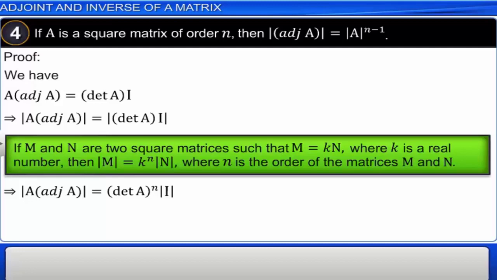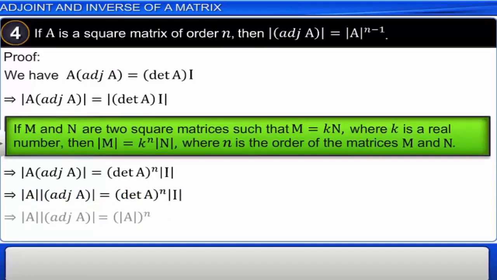Also, the determinant of the product of matrices is equal to the product of their respective determinants. So we further have determinant of A into determinant of adjoint of A is equal to determinant of A raised to the power n into determinant of the identity matrix. Now, the determinant of the identity matrix is equal to 1.